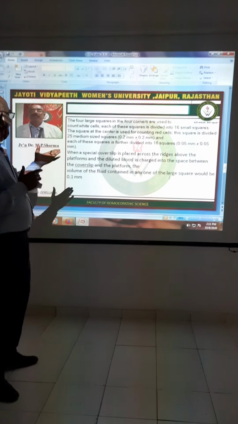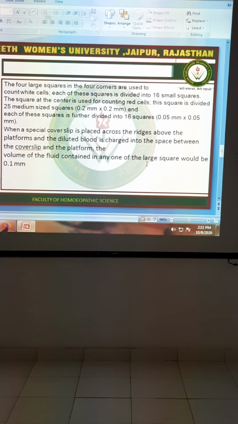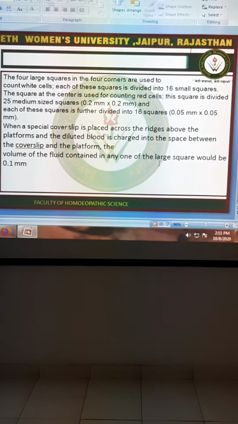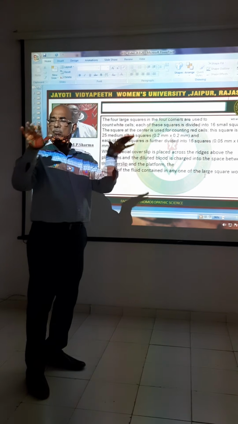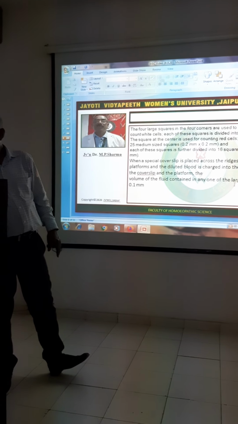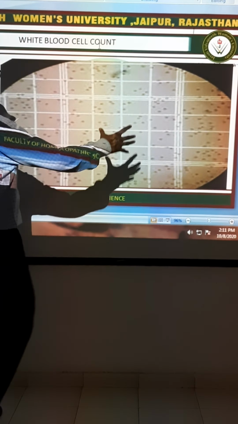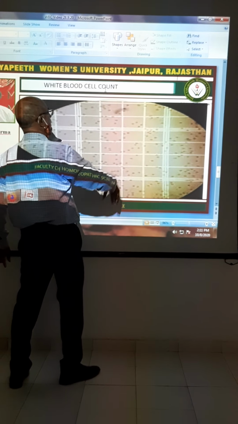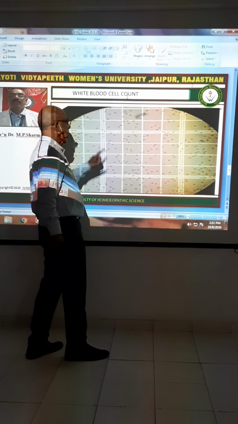So between the cover slip and platform, the volume of the fluid contained in any one of the large squares will be 0.1 millimeter, and the film will be formed there. This is the diagram in which these are the subcells, these are the columns, and these are the WBC cells.